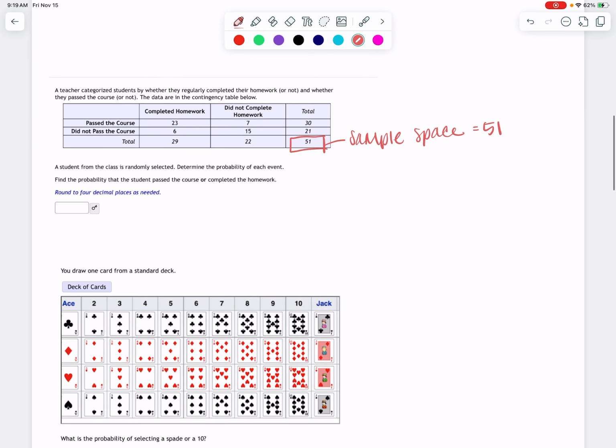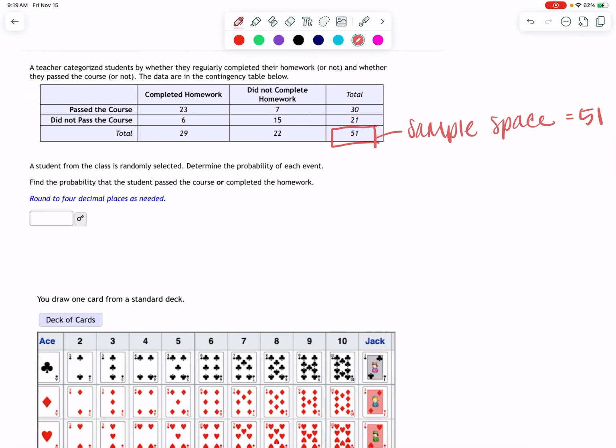So we want to find the probability that the student passed the course or completed the homework. Now, anytime we have an or, we have to be careful to not double count.